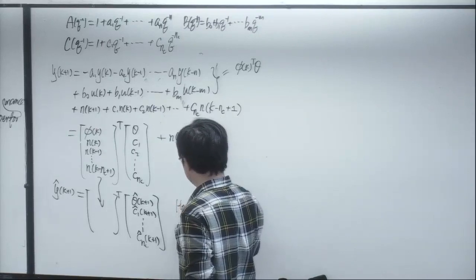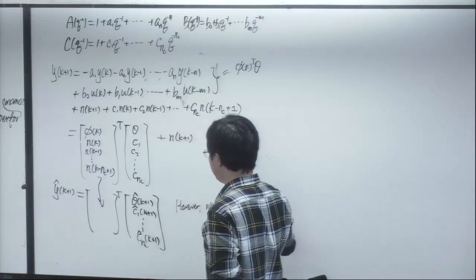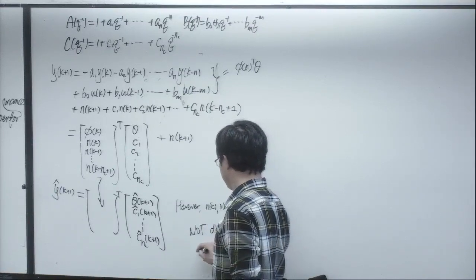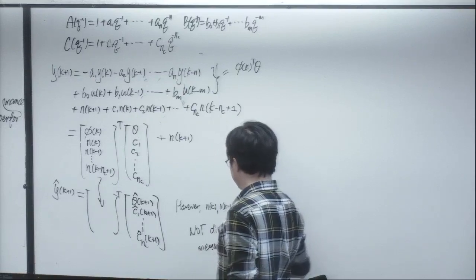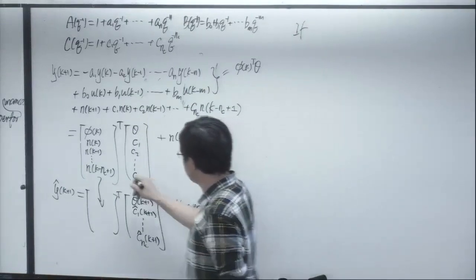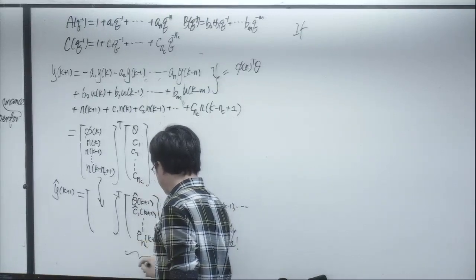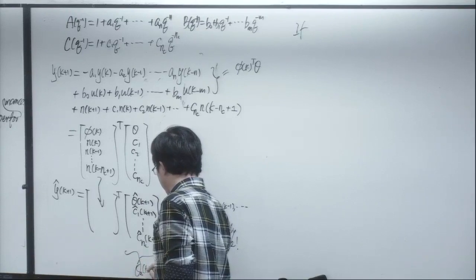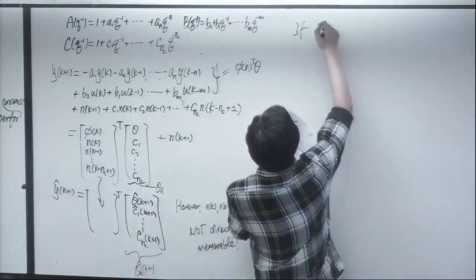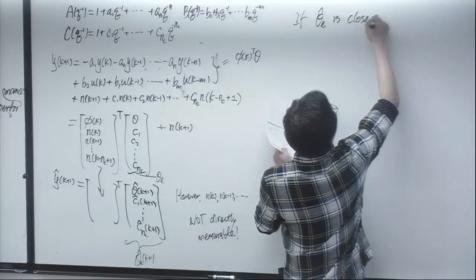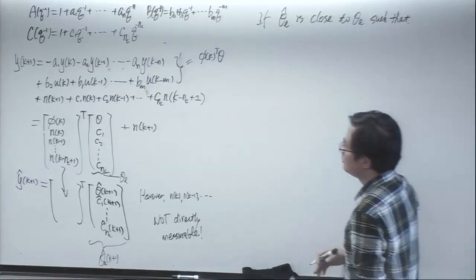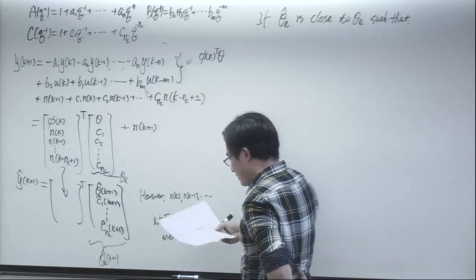So they are not directly measurable. However, if this, let's call this extended vector theta e, if, however, these two are pretty close to each other, then we can have this result.